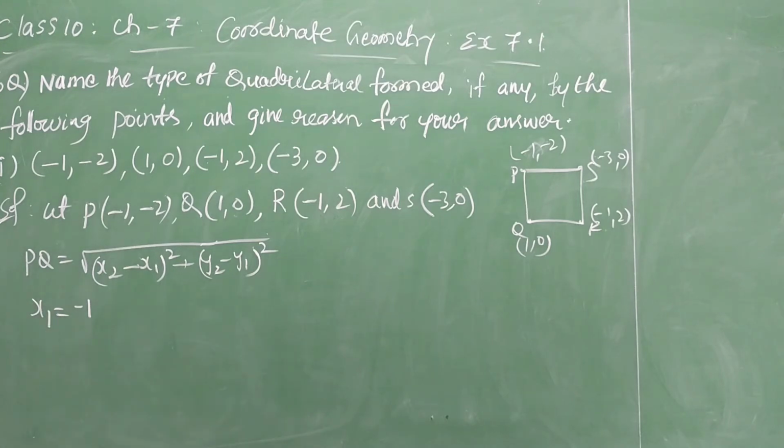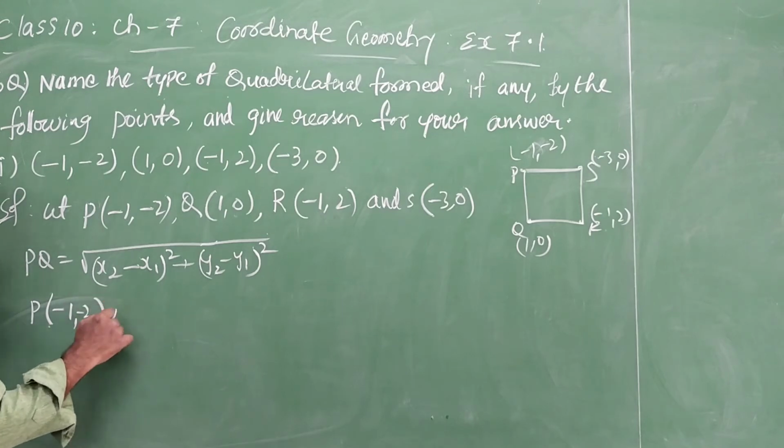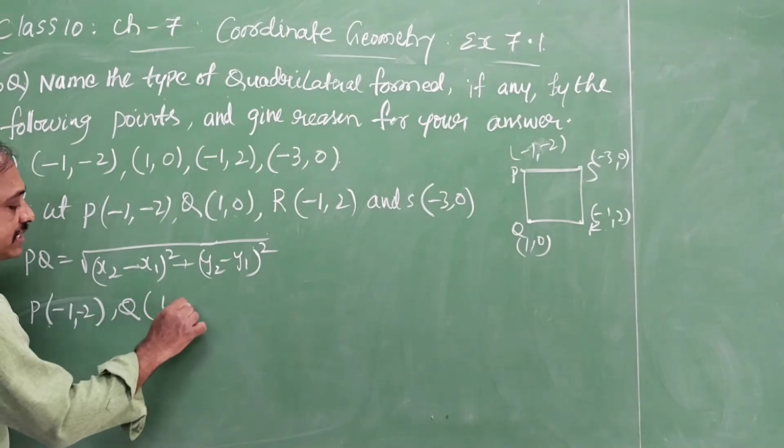From P and Q only we are taking. So P and Q. P coordinates are -1, -2 and Q is 1, 0.